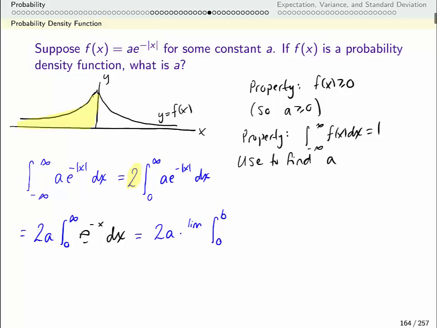So I'm going to take the limit as b goes to infinity of this function. Now I can anti-differentiate. The antiderivative of e to the negative x is negative e to the negative x, and I'm evaluating it from 0 to b.